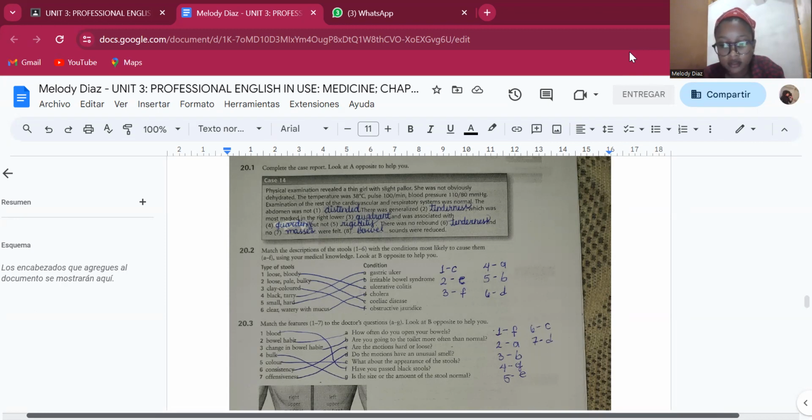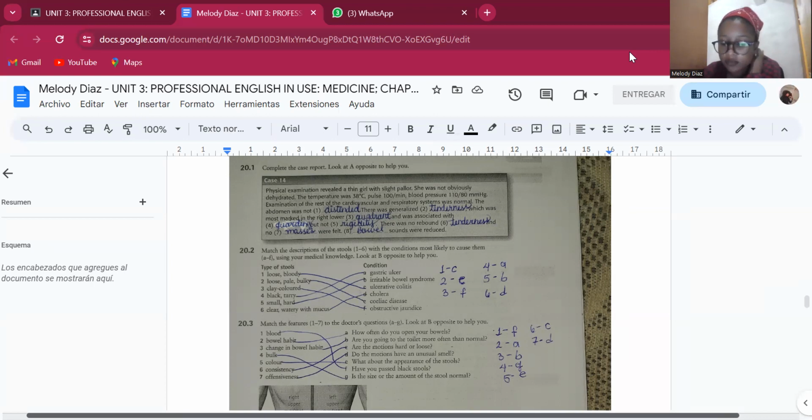to letter F, obstructive jaundice. Number 4, black, to letter A, gastric ulcer. Number 5, small hard, to letter B, irritable bowel syndrome.